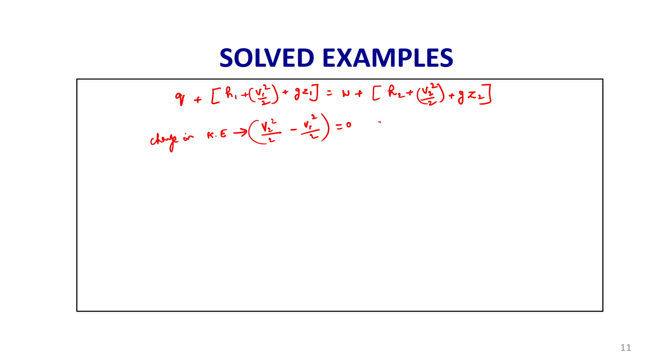Similarly, the change in potential energy, g Z2, the final potential energy minus initial potential energy, is equal to 0. So, obviously these terms will not be there.